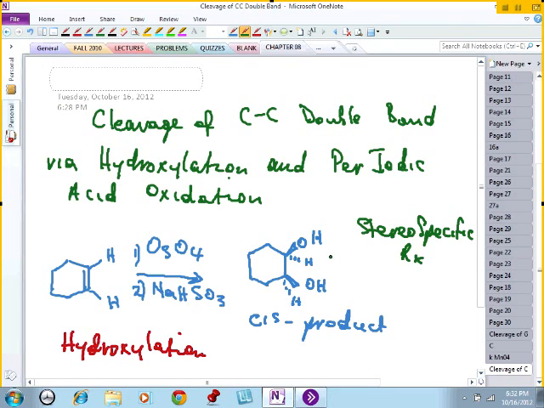Because we only form one stereoisomer, the cis isomer, not the trans isomer. Okay, and that is what this reagent will do.